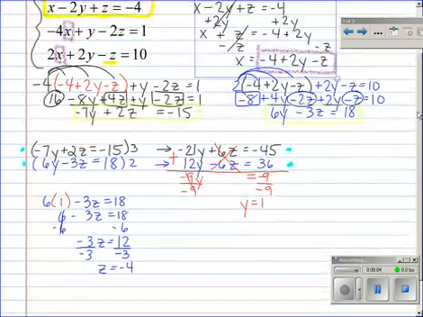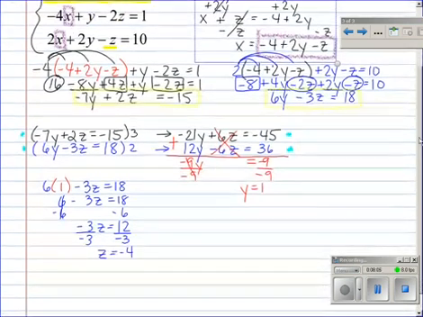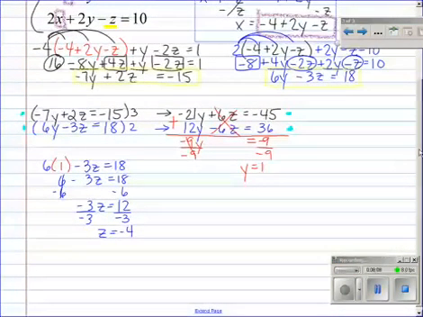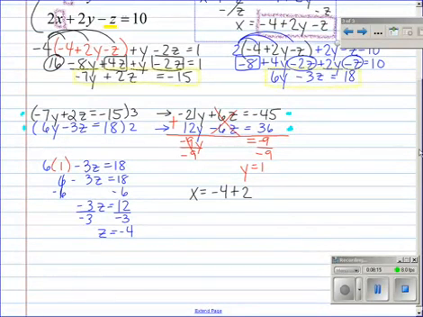So now that we have y and we have z, we can find x by looking back at that -4 plus 2y minus z. So x equals -4 plus 2 times 1 minus z. Well, z is negative 4, so that would be minus negative 4. And then I just simplify.